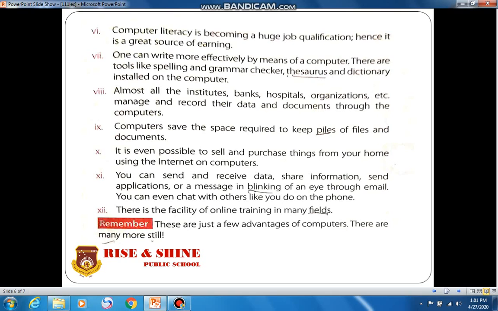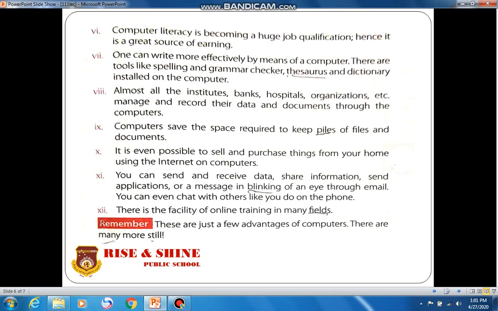It can be in the form of an application or any kind of data we can send and receive through email. It is very easy to send data through the computer, because if you want to send data through traditional mail, it takes quite a long time, and it is quite a difficult process. So by using email, we can send data quite easily, and it is more secure than traditional mail.